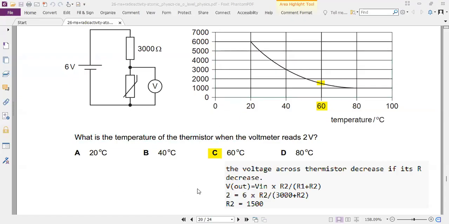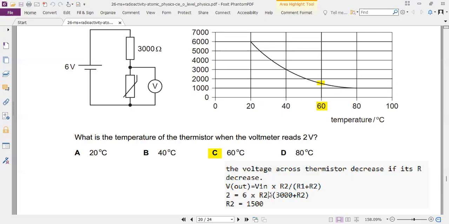So we used Vout is equal to Vin times R2 over R1 plus R2. R2 is the thermistor, sorry, and R1 is the fixed resistor. And we have inputted the values we know. So 2 is the output required, 6 is the input from here. R2 needs calculating. How much will be R2? And 3000 plus R2.